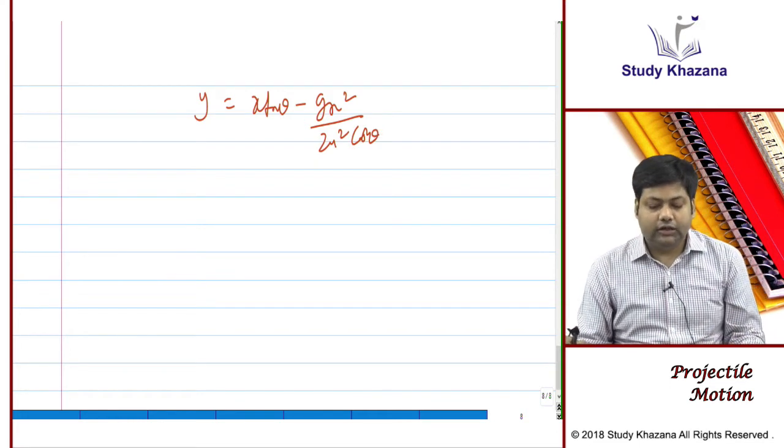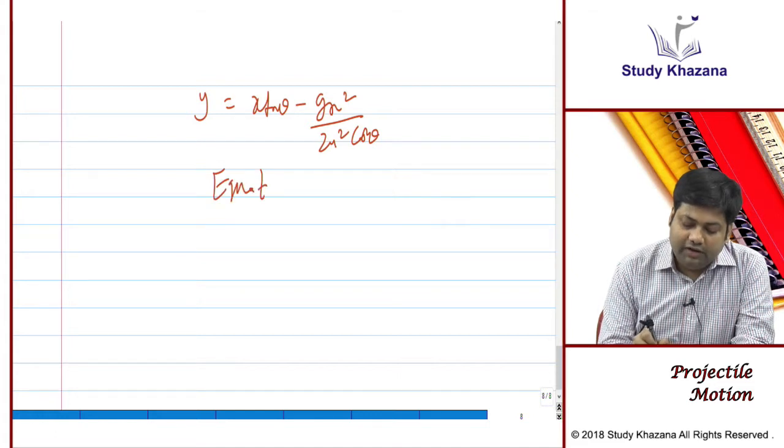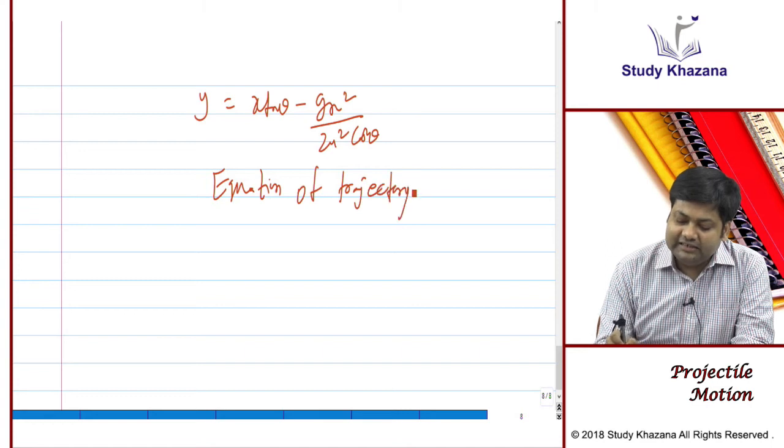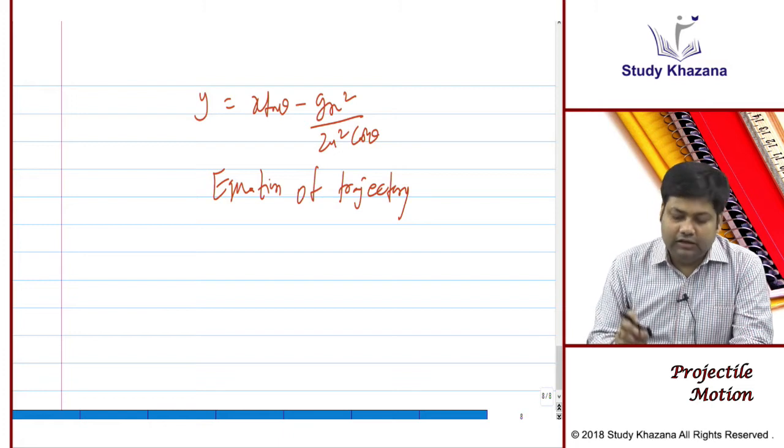This is called the equation of trajectory, and it is very important, because if we want to analyze any case in which it is neither the range nor any intermediate part of the motion, then we can use this y and x coordinate.